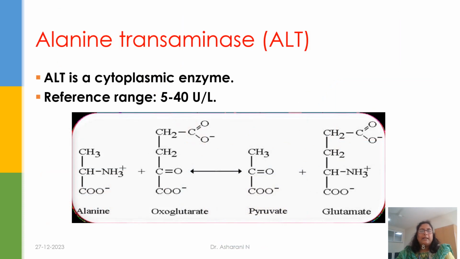ALT, alanine transaminase, is an enzyme which catalyzes the transfer of amino group from alanine to alpha ketoglutarate to form a new keto acid, that is pyruvate, and a new amino acid, that is glutamate. This enzyme is a cytosolic enzyme. Serum levels range from 5 to 40 international units per liter.